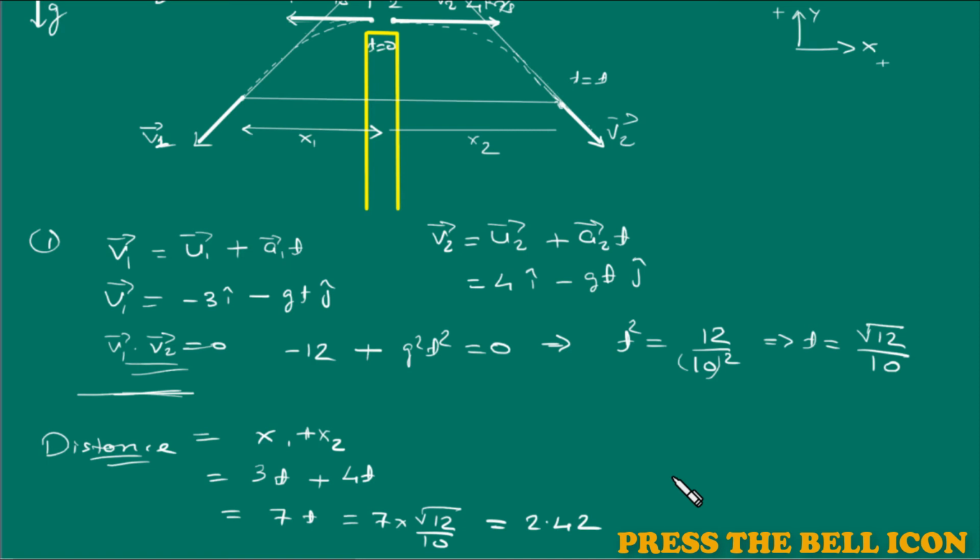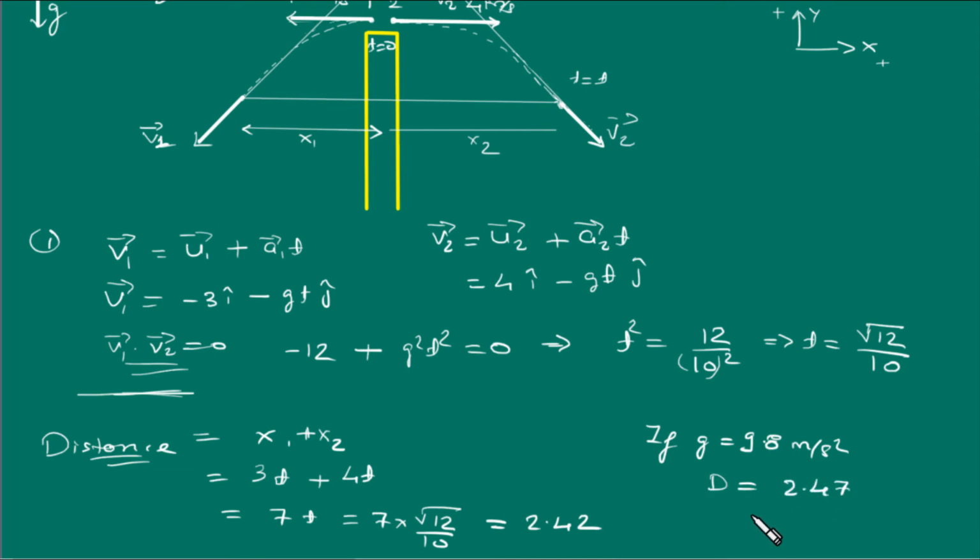If I take 9.8 as the value of g, then we will get around 2.47 or 2.5. So if we take g as 9.8 meter per second square, then we will get this distance as 2.47. So I can write approximately 2.5 meter.